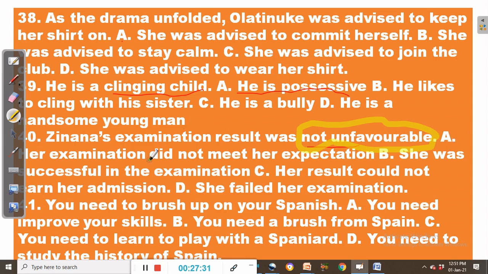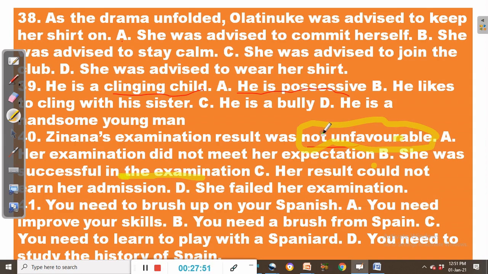Option A, her examination did not meet her expectation. Well, we were not told that. B, she was successful in the examination. That's the obvious one. If it was not unfavorable, then it's likely to be favorable.